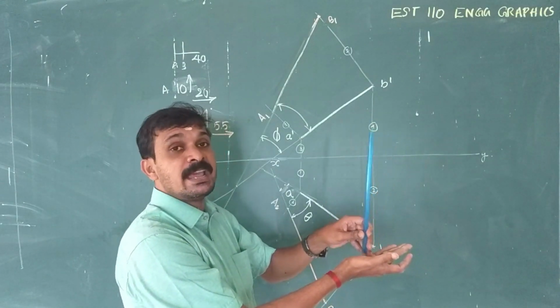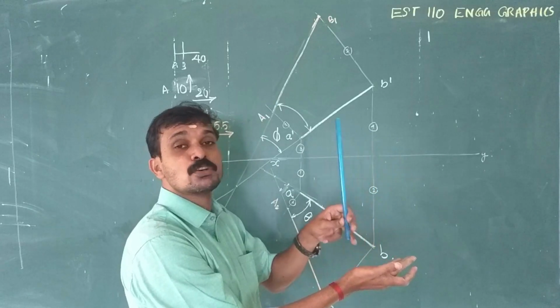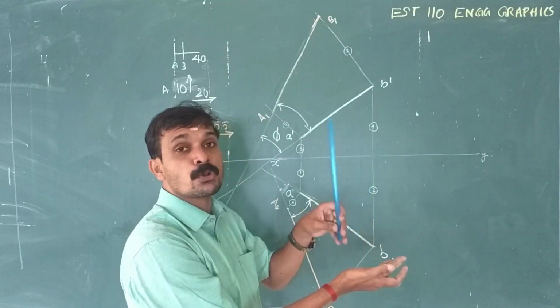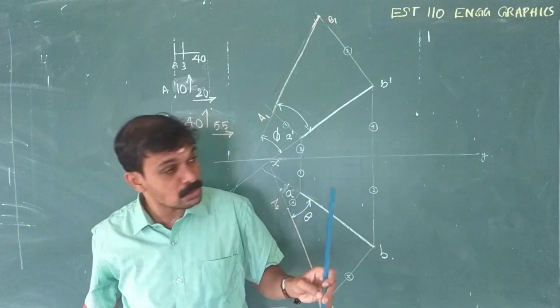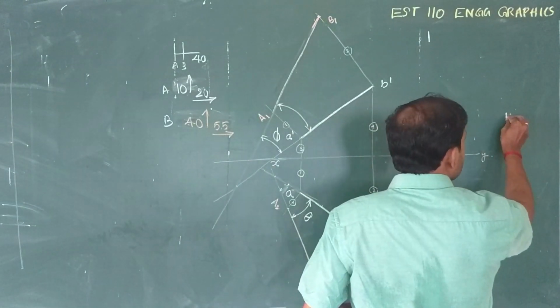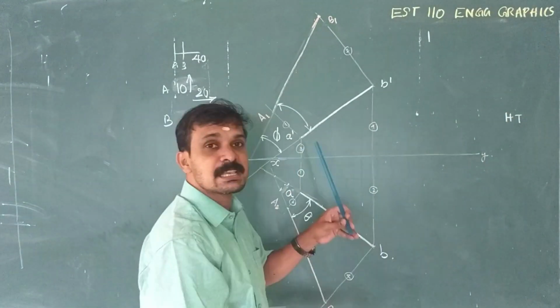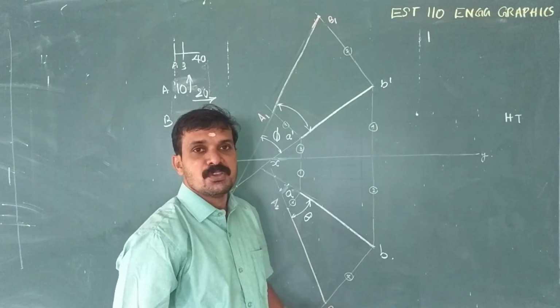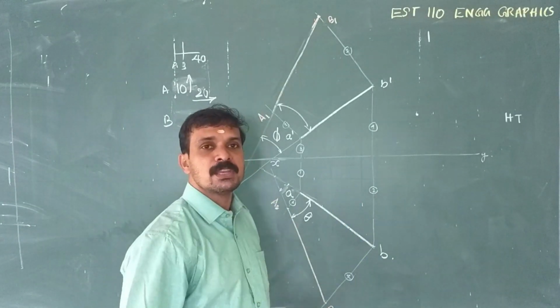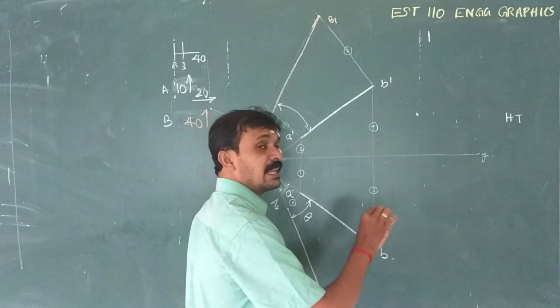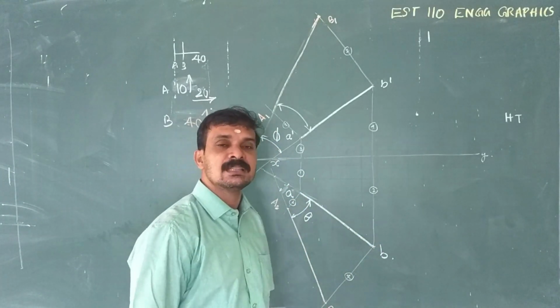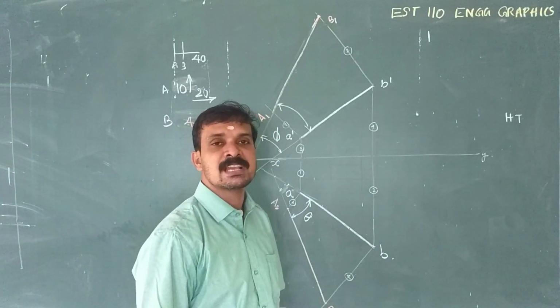We have learned how to mark the projections of points. Now we know that the horizontal trace is usually indicated as HT. So this horizontal trace HT is a point on HP. We know that every point will have two projections, A dash and A. If the point is A, the projections will be small a dash and small a.